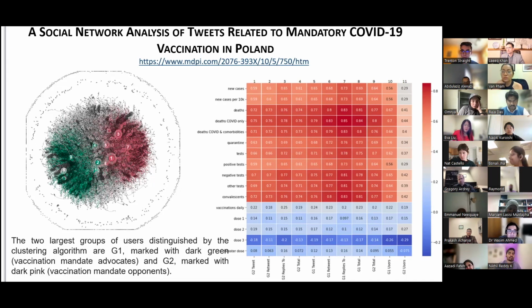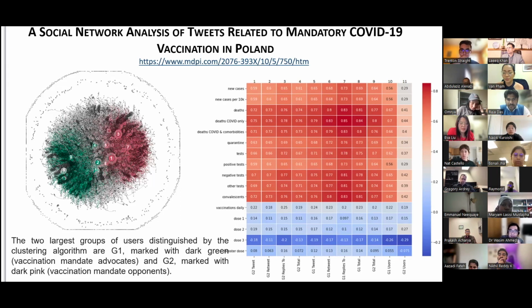So this is an example of a very polarized discussion. On the right-hand side, you've got one group, and then on the left-hand side in green, you've got another. In addition to this network visualization and analysis, what they were able to do was take real data from the ground, so data from local health authorities, actual empirical data that had been collected on things like number of COVID cases, number of deaths, positive tests, quarantine.